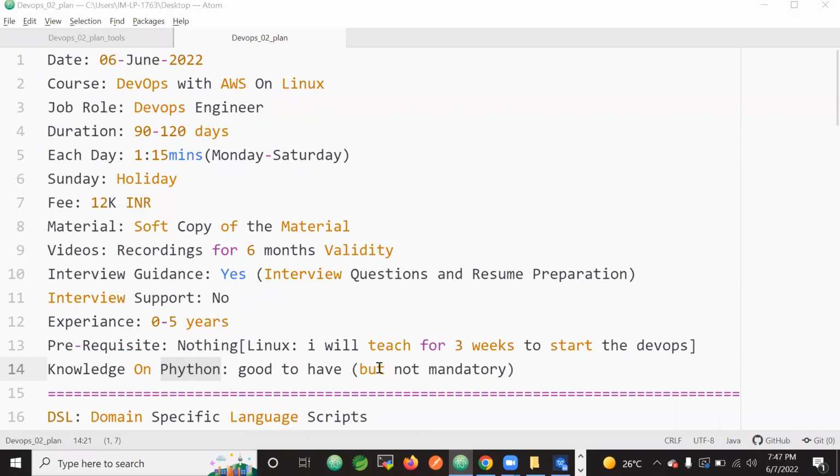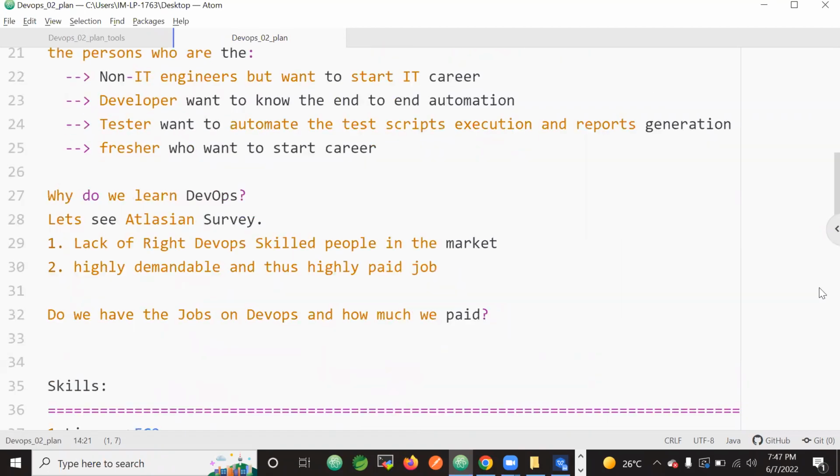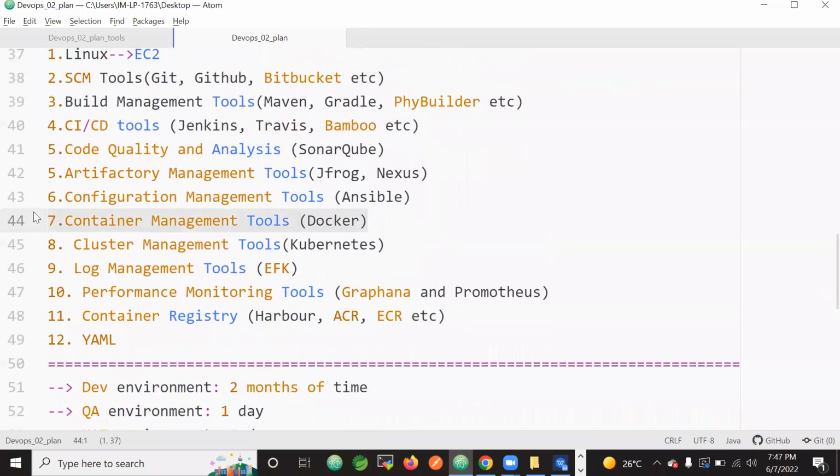Sandeep asks, are there any certifications? Yes, Sandeep, there are a lot of certifications. For example, as we saw yesterday with the tools, you can write a Docker administration certificate, a Kubernetes administrator certificate, and the AWS certifications. With my course content, as you attend and prepare, you will gain the knowledge to get the Jenkins certification.